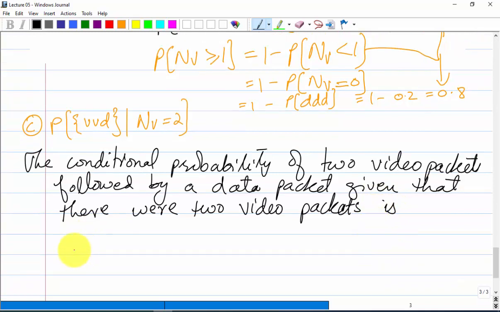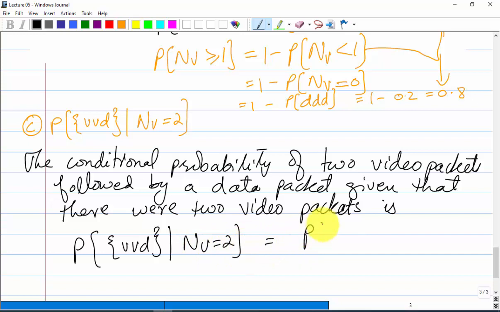That will be the probability of VVD given NV equal to 2, which is equal to the probability of the intersection of these two events divided by the probability of NV equal to 2.